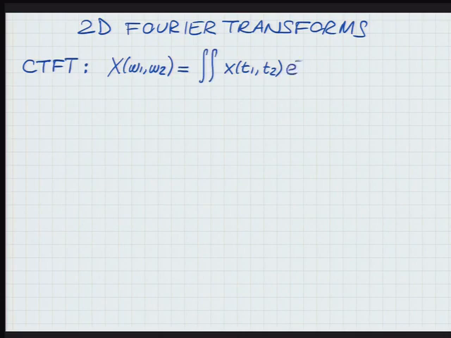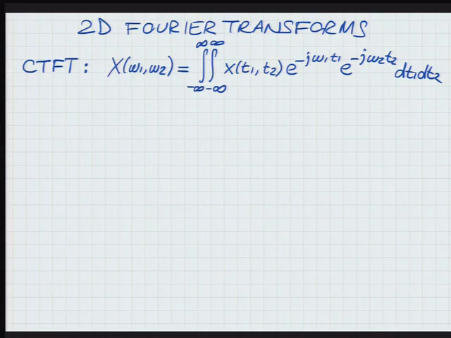You multiply by e to the negative j omega 1 t1 and e to the negative j omega 2 t2, and integrate over t1 and t2, and both integrations go potentially from negative infinity to infinity. Okay? And there you go, you have the two-dimensional Fourier transform. Very similar to the 1D case, we just have two variables and therefore two integrations and two frequency variables.